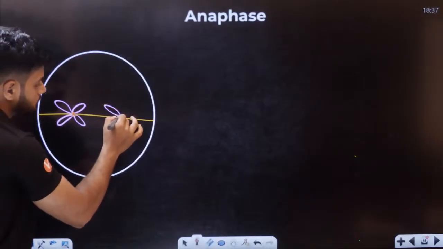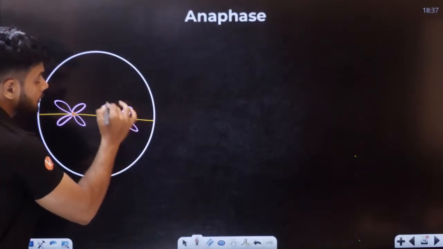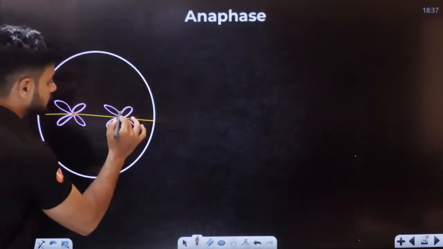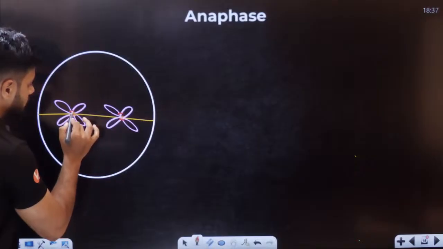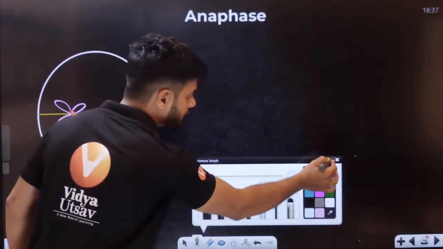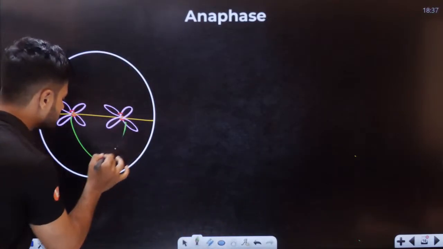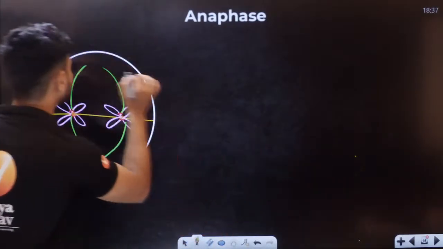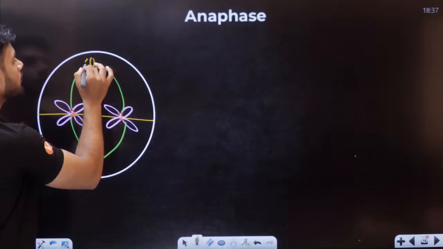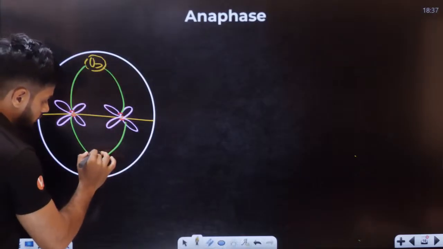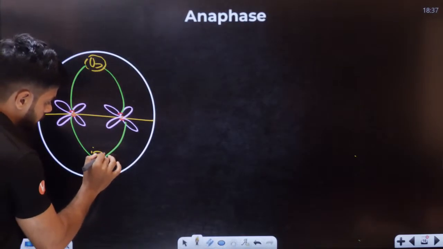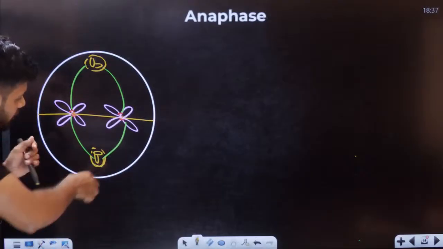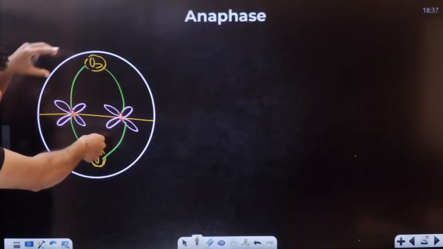In anaphase, here we have the kinetochore, here we have the spindle fibers, and here we have the centrosome.